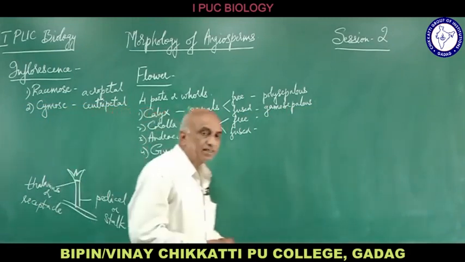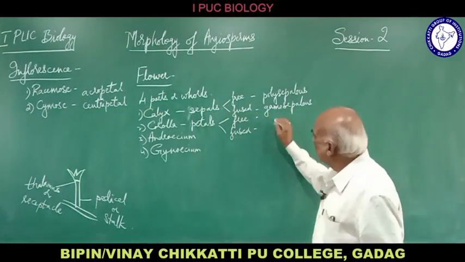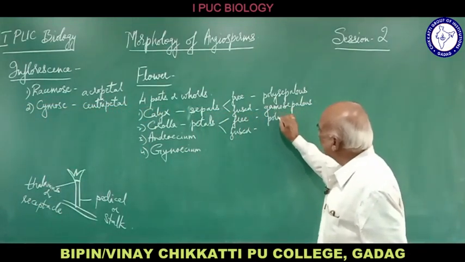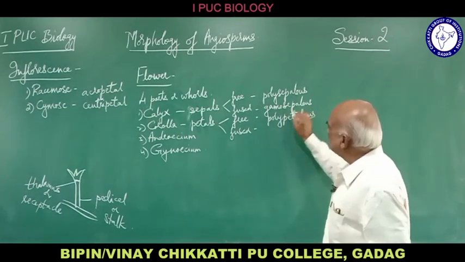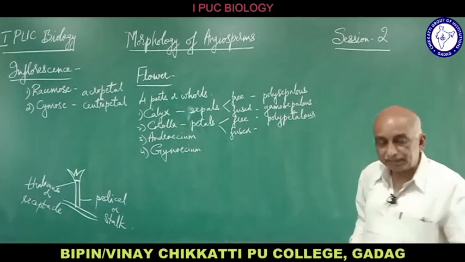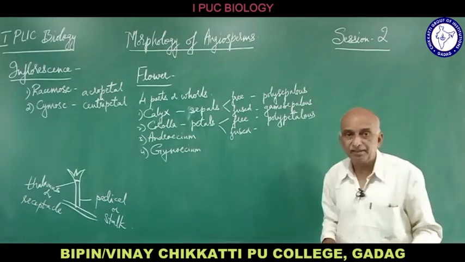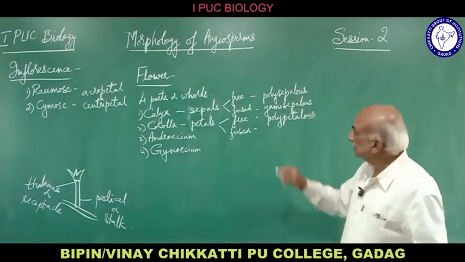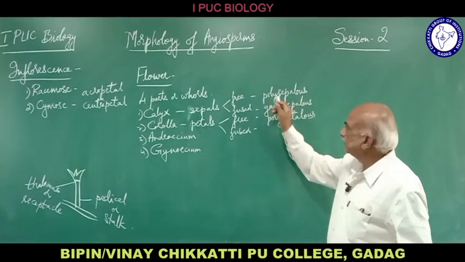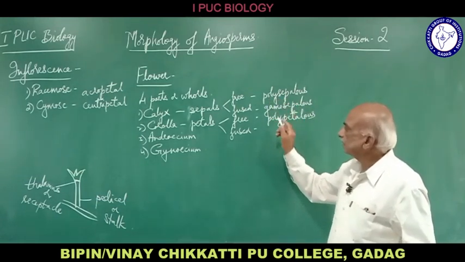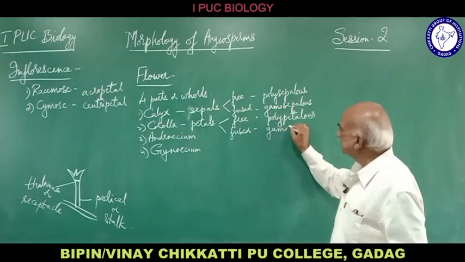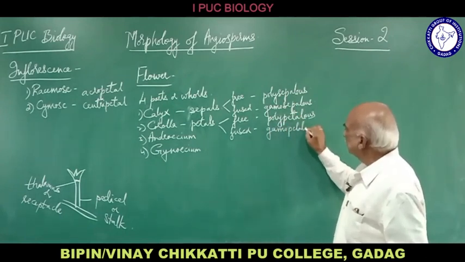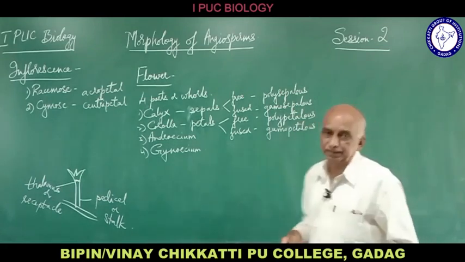So when the petals are free, again it is called polypetalous corolla. So here poly means actually free, or sometimes it also refers to many, numerous. So the sepals free, petals free. Similarly, fused is gamopetalous corolla. So gamo refers to fused.